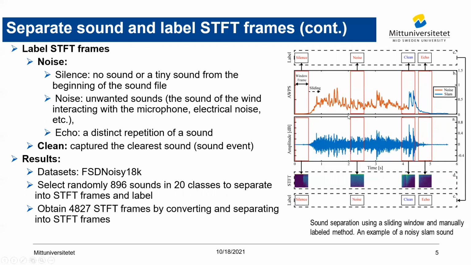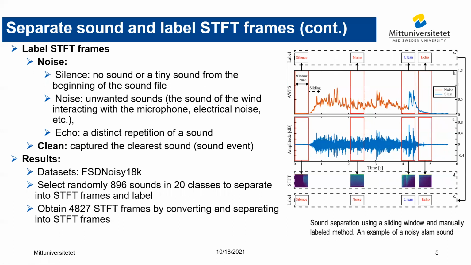Figure B shows the A-weighted power spectrum of the sound. When the window frame slides along the time axis of the sound, the components of the sound can be located by listening to the sound and monitoring it on the spectrum. Figure C shows four types of frames: silent, noise, clean, echo.